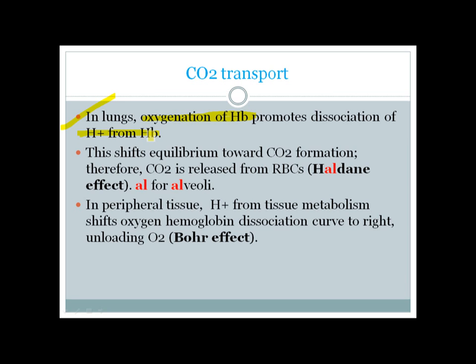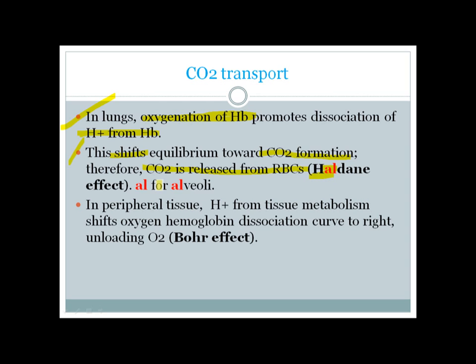And this dissociation of hydrogen from hemoglobin helps shift the equilibrium of the reaction that generates carbonic acid from hydrogen ion and bicarbonate. So ultimately there is increased production of carbonic acid, which will lead to increased formation of carbon dioxide. Therefore more carbon dioxide is released from the RBC. This is called the Haldane effect. You can remember that the Haldane effect occurs in the alveoli.